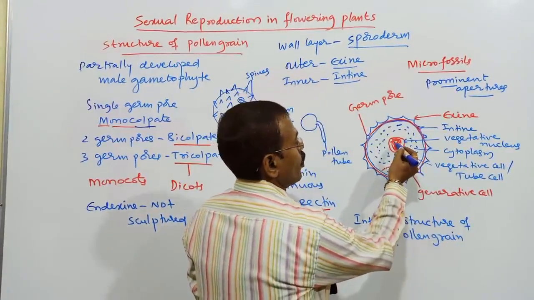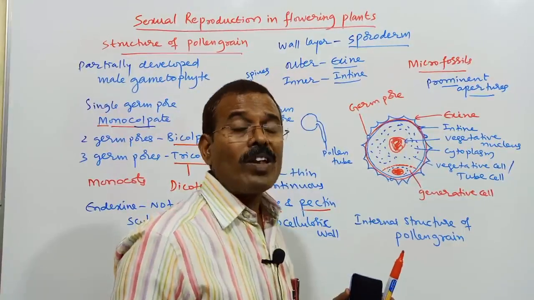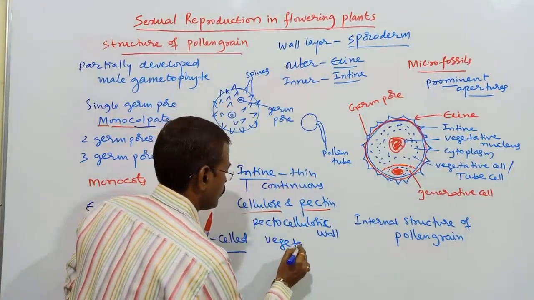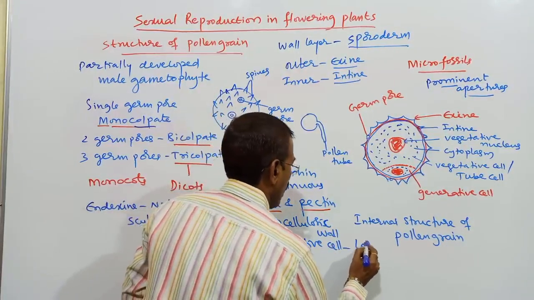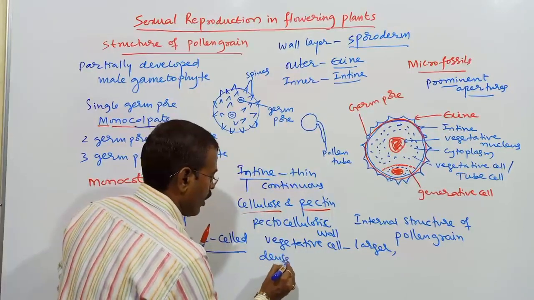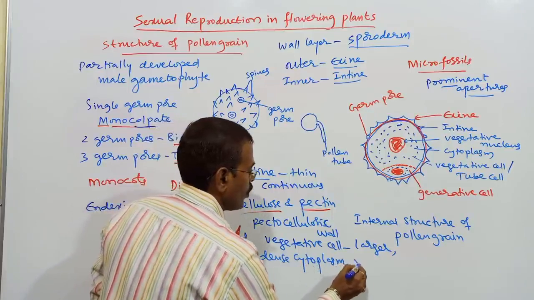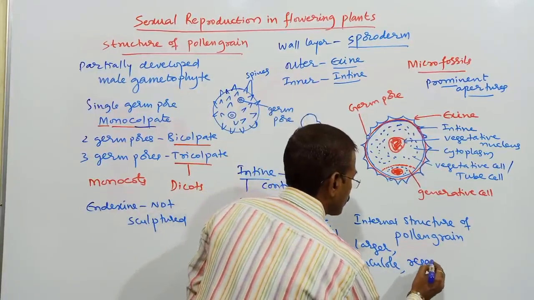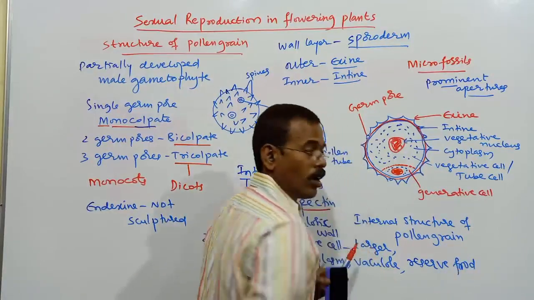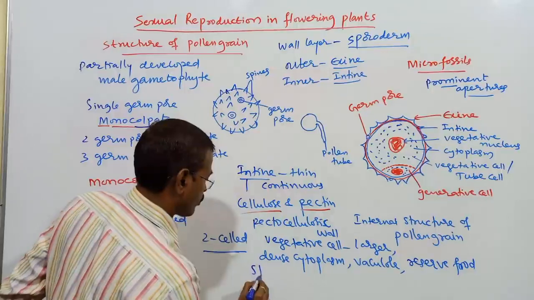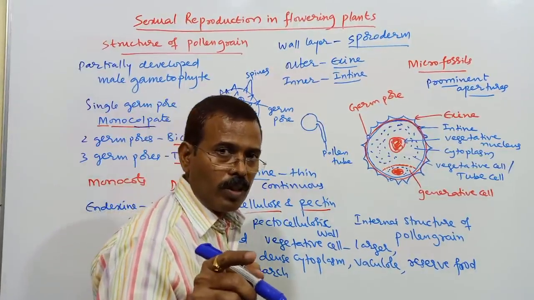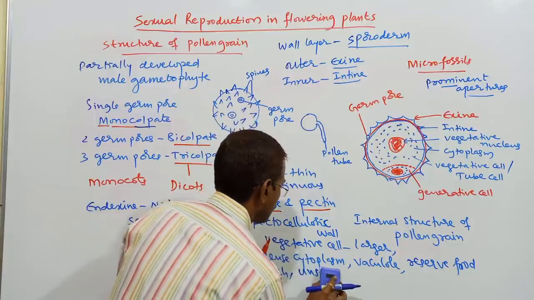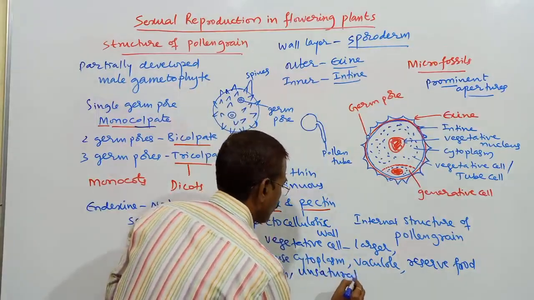It contains the vegetative nucleus. This vegetative cell is larger, with dense cytoplasm, vacuole, and abundant reserve food in the form of starch and unsaturated oil.